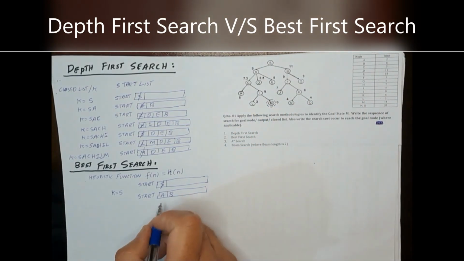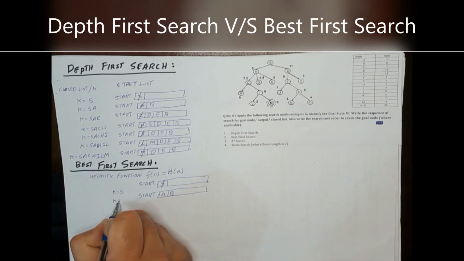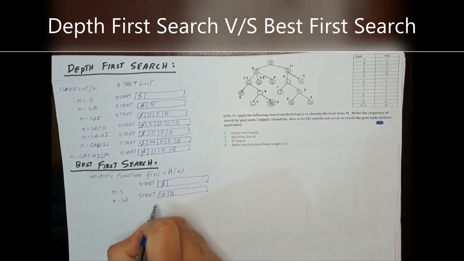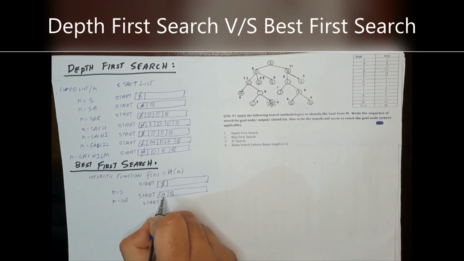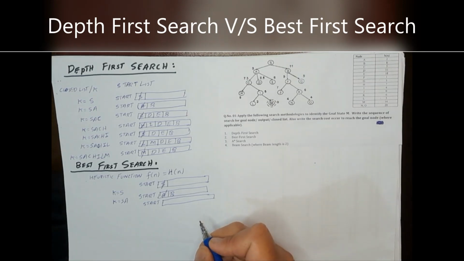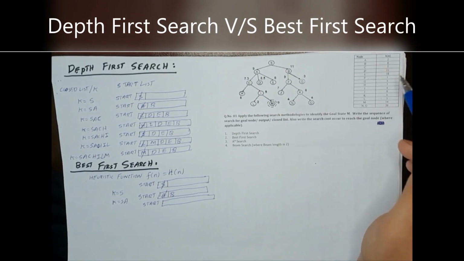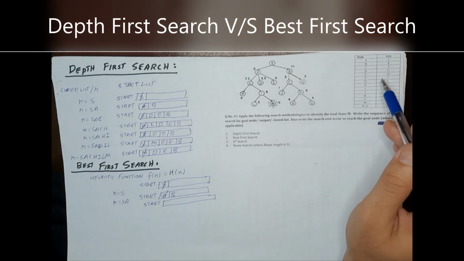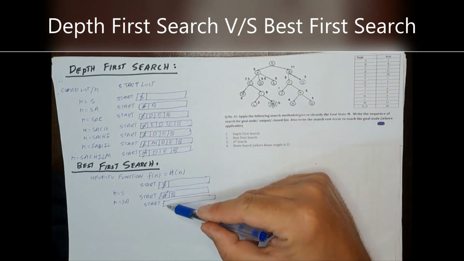Okay. So now during the second iteration, k will get the value of A, and from the start list A will be discarded or removed. Now we will see the children of A. They are C, D, and E. Now we will again see their values, and also the value of B. So the lowest one will come at the beginning.